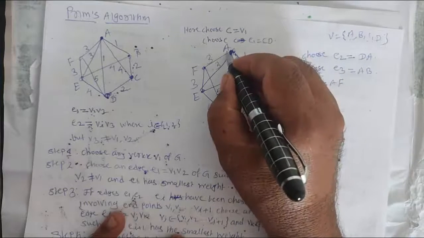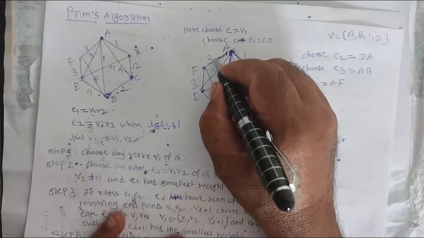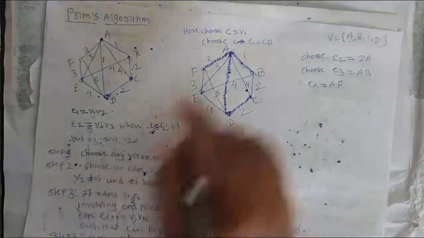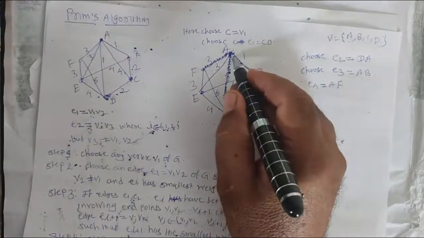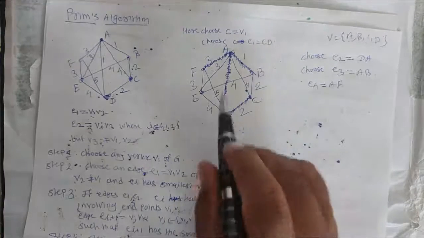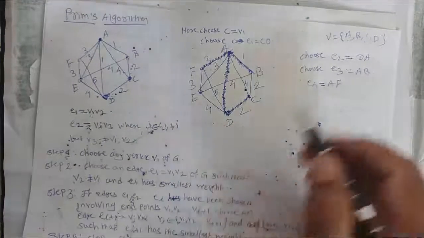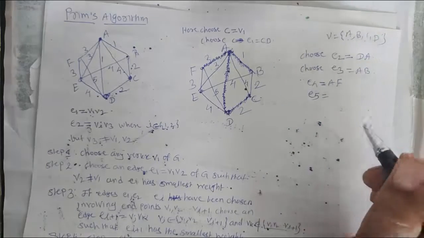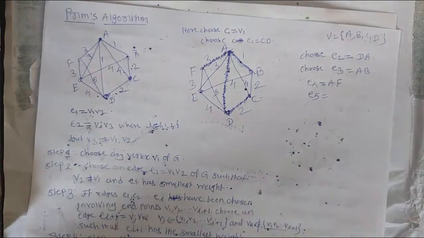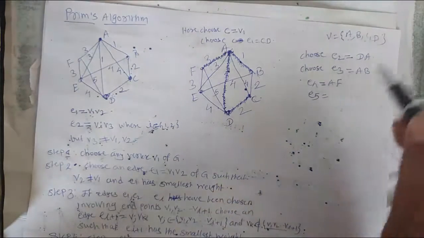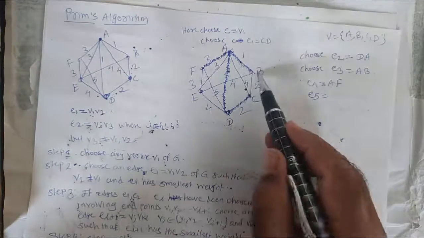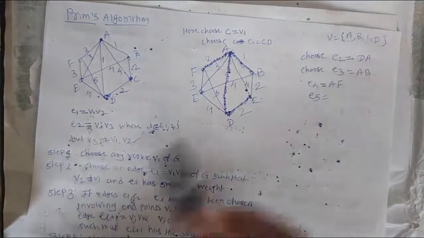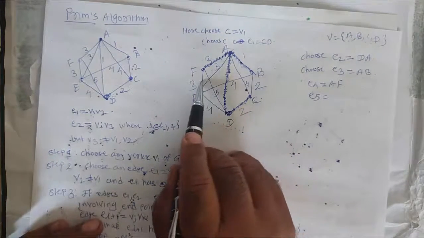Now this is AF. Again, it is an acyclic subgraph. Now choose again E5, an edge which is incident to these vertices A, B, C, D and F and has minimum weight, and this is 3.